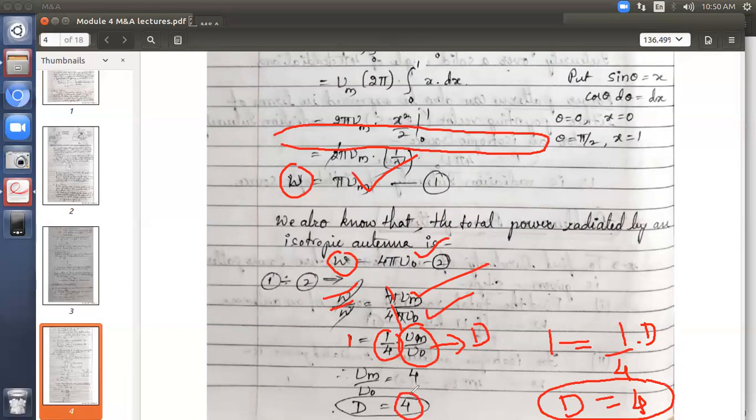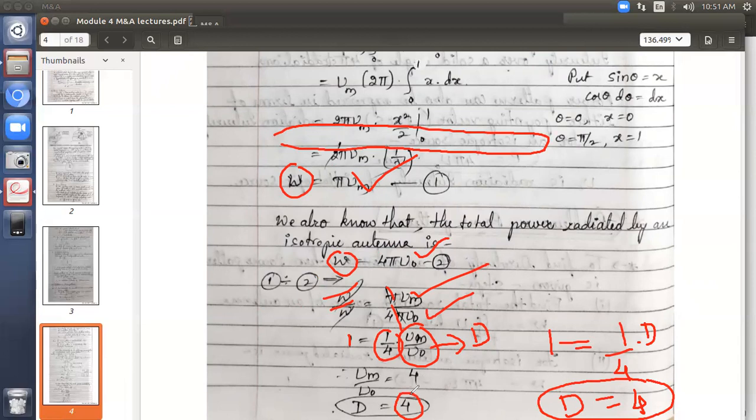And in the previous sessions, when I was discussing directivity, I have already explained that for any hypothetical ideal antenna, the isotropic antenna, it is 1. For any practical antennas, the values will be more than 1. So directivity can't be less than 1.